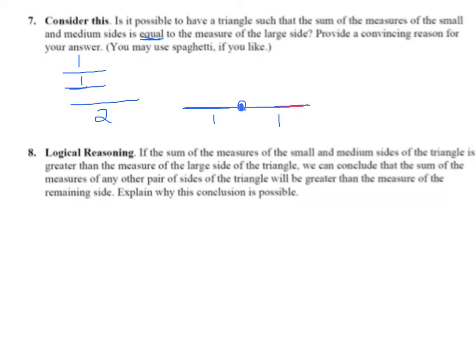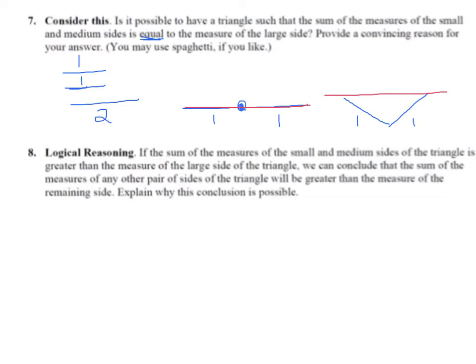If I started to bend the 1 and the 1 up at all, I mean, I know that this is a little bit bigger, but if I bent the 1 and the 1 up and I kept the 2 the same way, it would be too big for the angle that it spans.